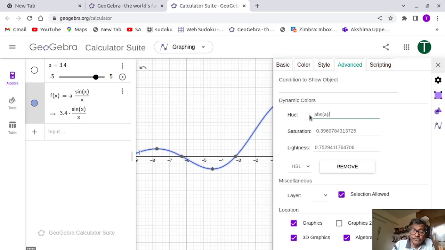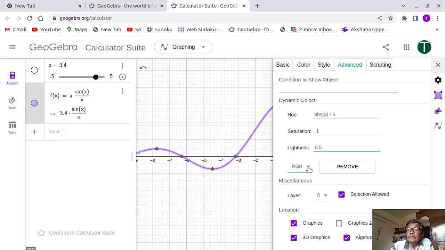Saturation I set to 1, the main color will be brighter, I suppose. And lightness, make it say 0.5. You experiment with that. I am not going much into the detail.